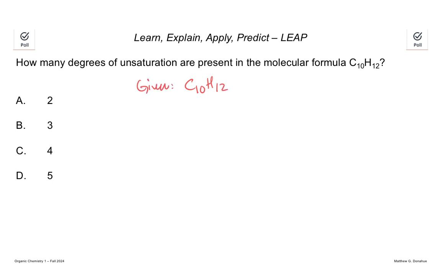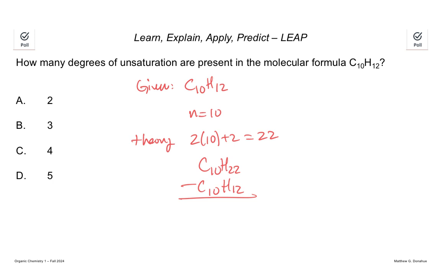So given N equals 10, 10 carbons should have 22 hydrogens. We take what it should be, subtract out what it is.